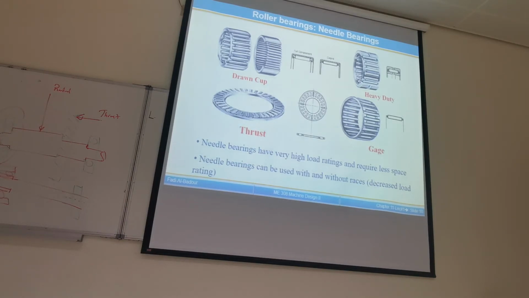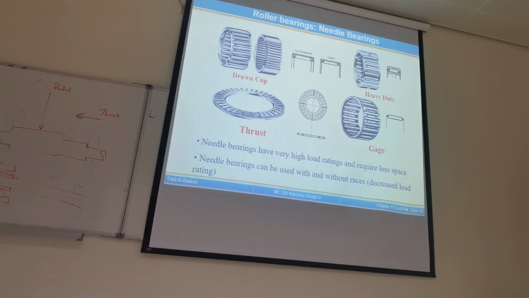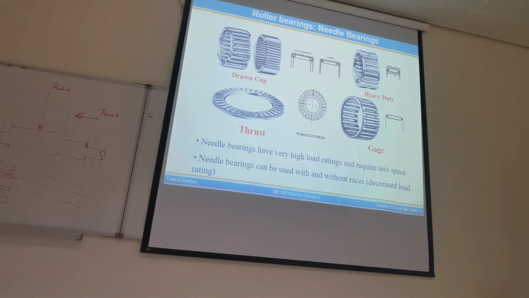Imagine that this amount of load is distributed in a line or in a point. There's a tremendous amount of stress on the ball. In order to make this steel very strong, you need to increase its hardness. So now the roller hardness is larger than the shaft.